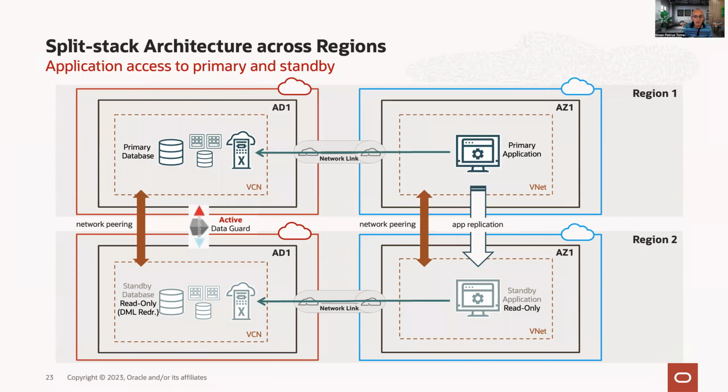In this case, your application in region 2, which is the DR region, can also be used as a read-only application, doing some analytics and using the standby database for read-only or read-mostly workloads, taking the load off the primary database and making use of all the resources provisioned in region 2, instead of those just waiting to be used in case of a disaster or a switchover for maintenance operations.